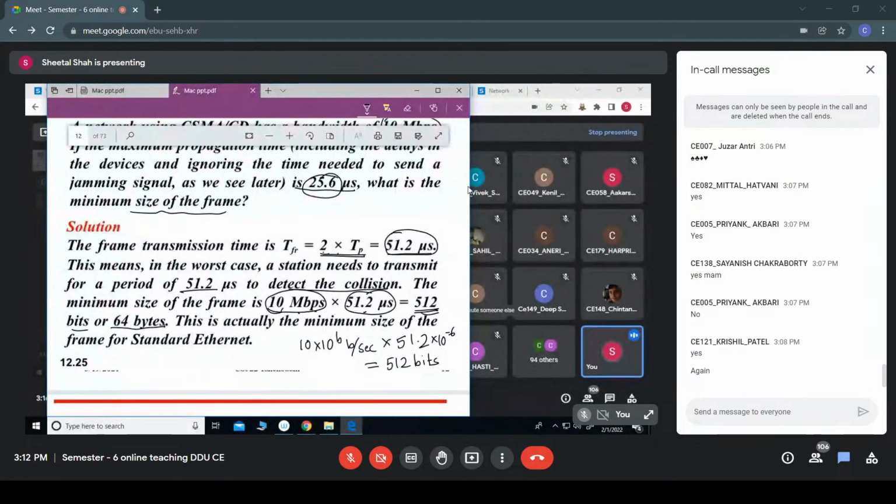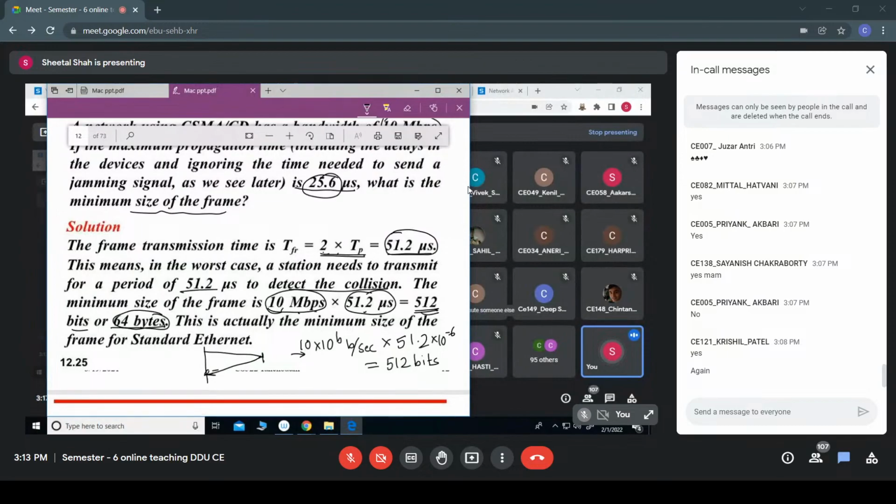That means if I have a frame size of 64 bytes, that frame would reach the other end, and once again it would be reflected back, and it can sense whether it has received it up to twice the propagation delay. It would make out whether the frame has been transmitted successfully or it has collided.